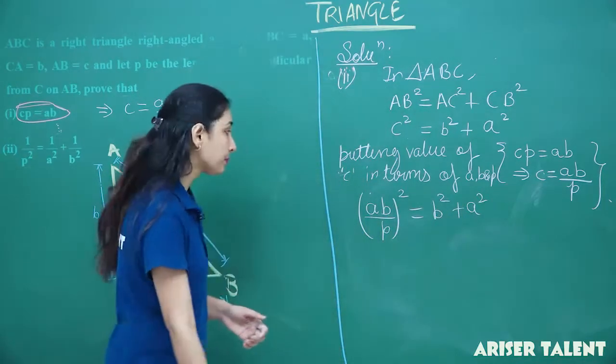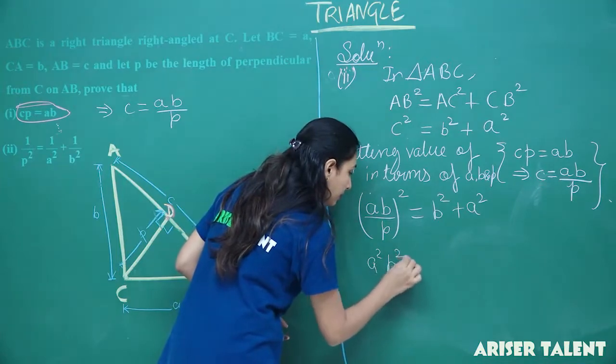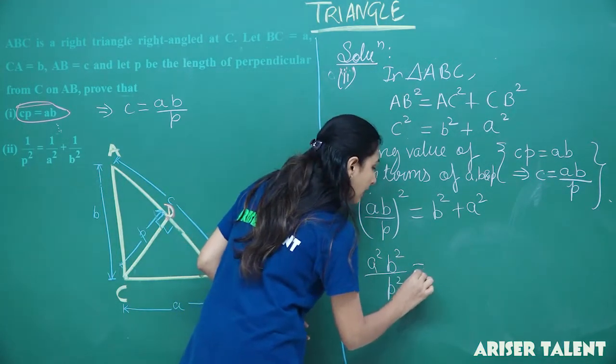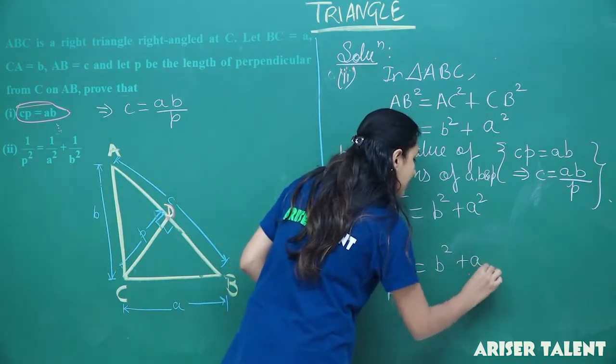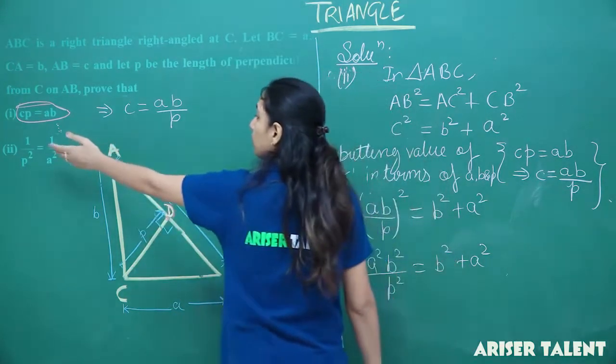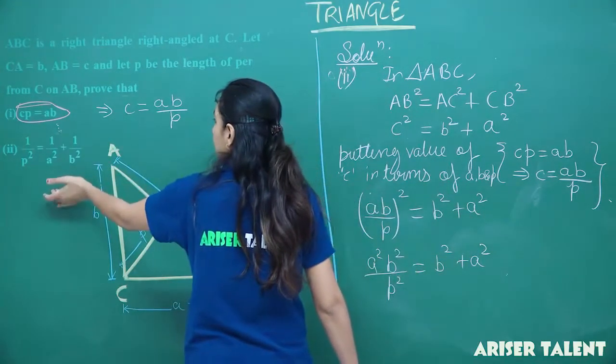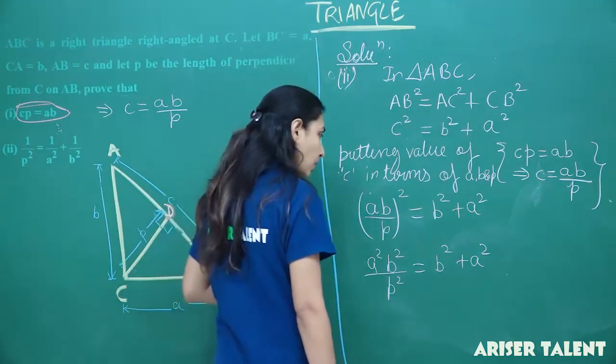Right, students? Now, this will be A square B square by P square equals B square plus A square. Okay. Now what? We have to prove 1 by P square equals 1 by A square plus 1 by B square.